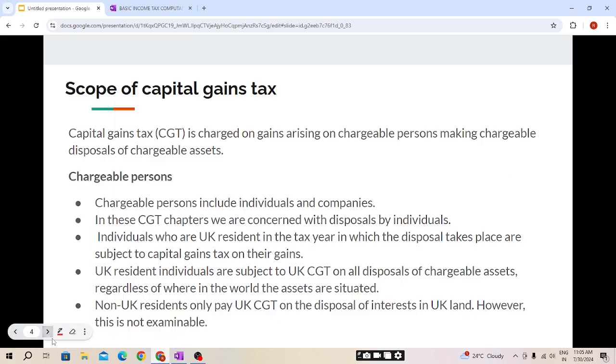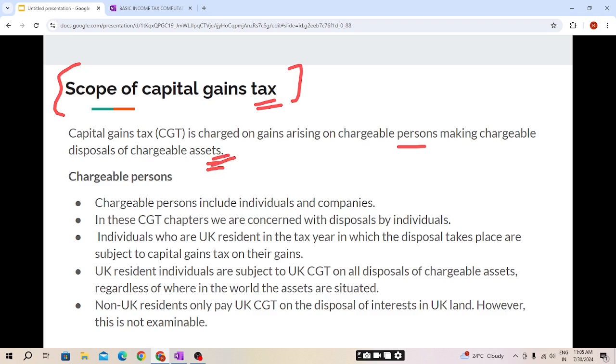Now moving forward, scope of capital gains tax. Capital gains tax is charged on the gain arising on a chargeable person making a chargeable disposal of a chargeable asset.